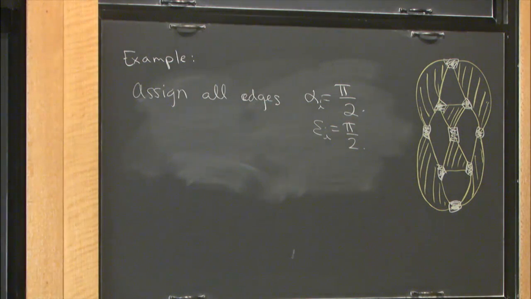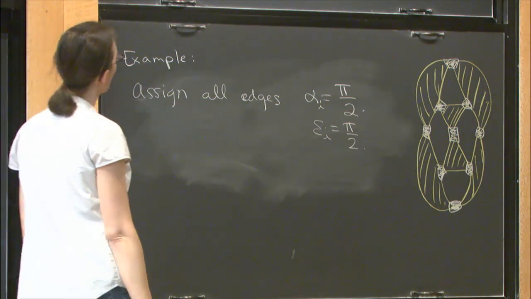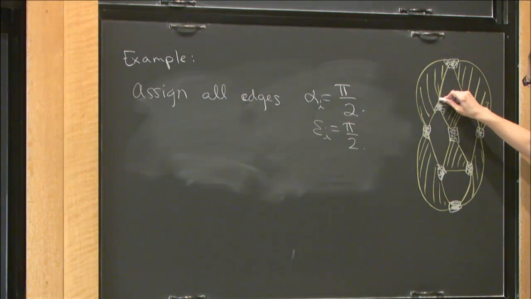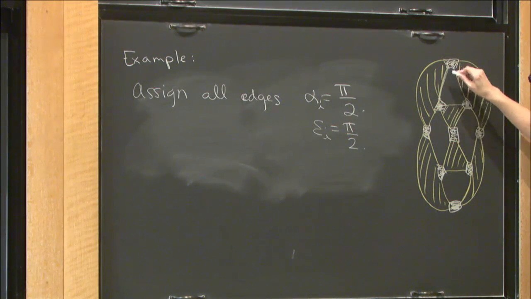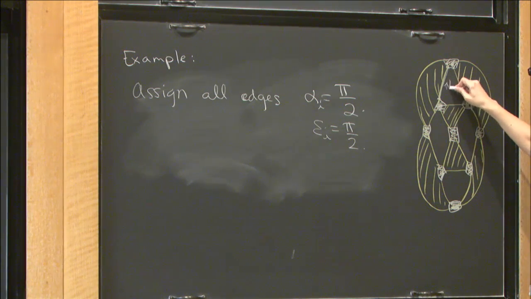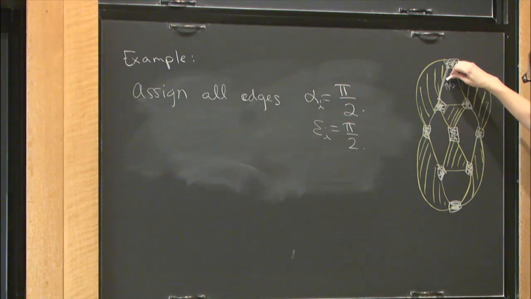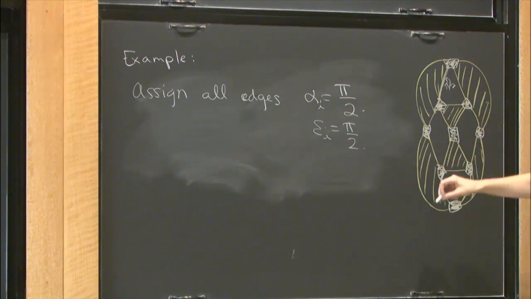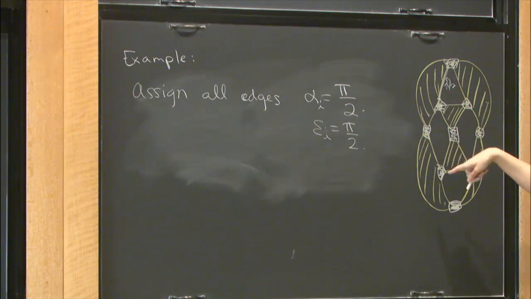Okay, so now we need to check that this is really an angled structure. Around any interior edge, I need the sum of the angles to be 2 pi. Like this yellow edge here, every time it appears in the polyhedron, when it's glued to other edges, the sum of all those must be 2 pi. In the case of the twisting, remember we have 2 polyhedra that look like this.